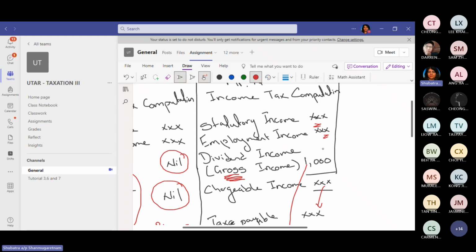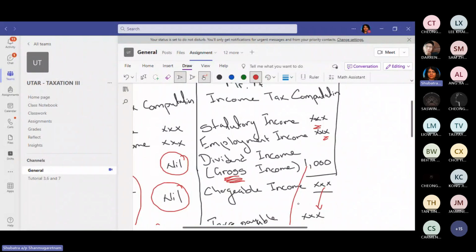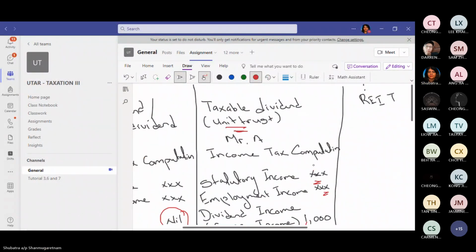Do y'all understand? This is not a double tier dividend. I really don't know where y'all get this word double tier dividend from. The only thing that exists is single tier dividend and two tier dividend. And this is not, I repeat, not a two-tier dividend. This dividend is known as a franked dividend.